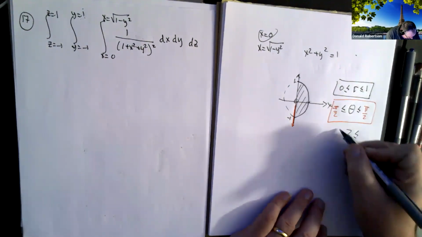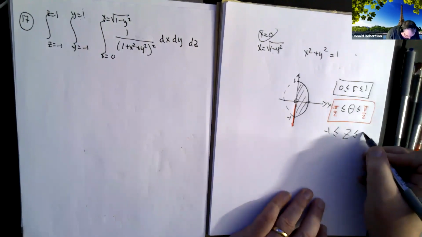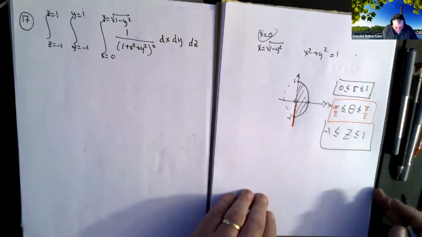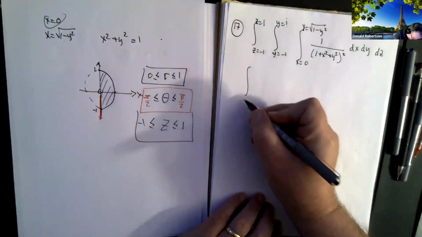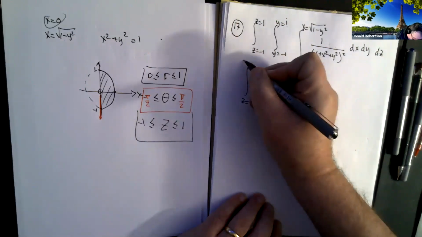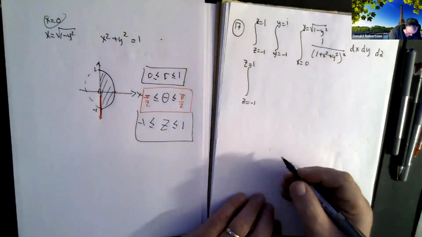And for completeness sake, I'm just going to put Z in, because when you do cylindrical, Z's still Z, it never changes. Now, I'm going to do Z equals -1 to Z equals 1.